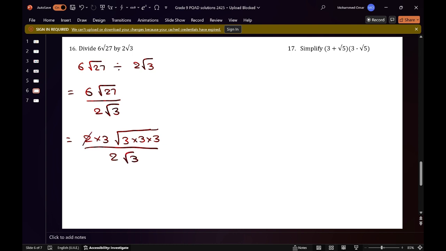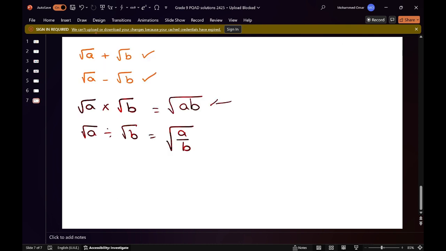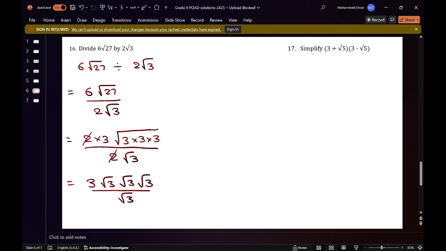Now can you divide 2 by 2? It's 1. And in the same way, here can I write it as root 3 into root 3 into root 3? Because just now we have seen that root of AB can be written as root A into root B. So can I write it as root 3 into root 3 into root 3?